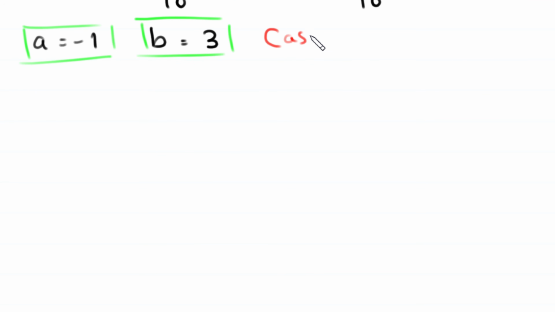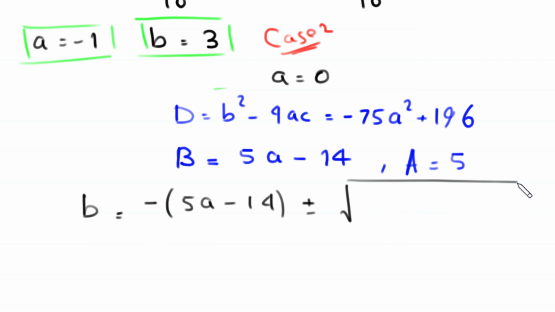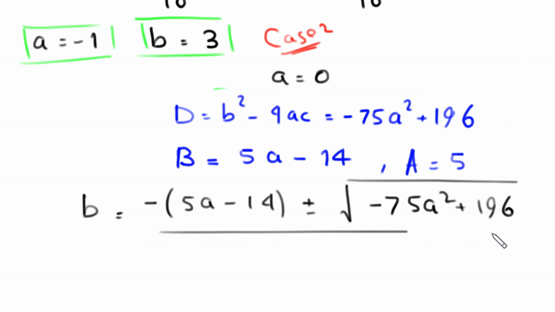In case number 2 we have a is equal to 0, and according to the quadratic formula, b will be equal to negative 5 times a minus 14 plus or minus the square root of the discriminant, negative 75 a squared plus 196, divided by 2 times 5.